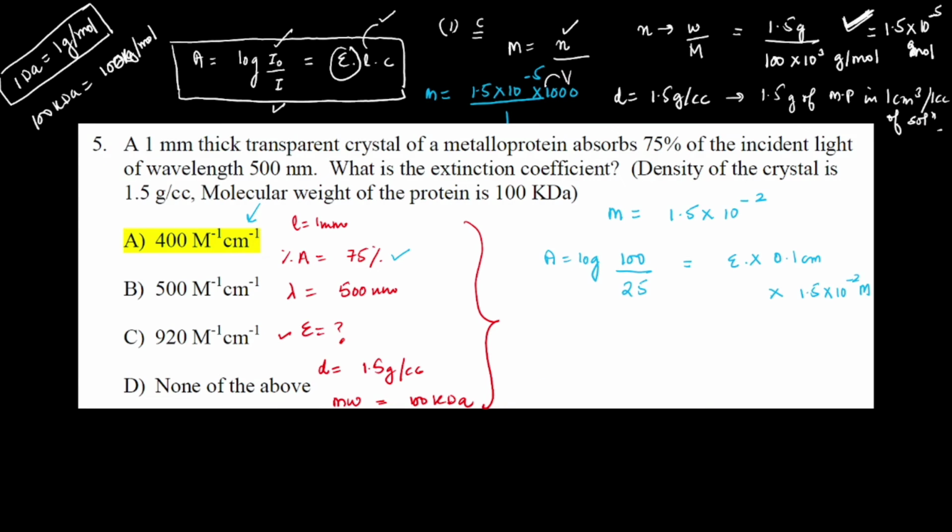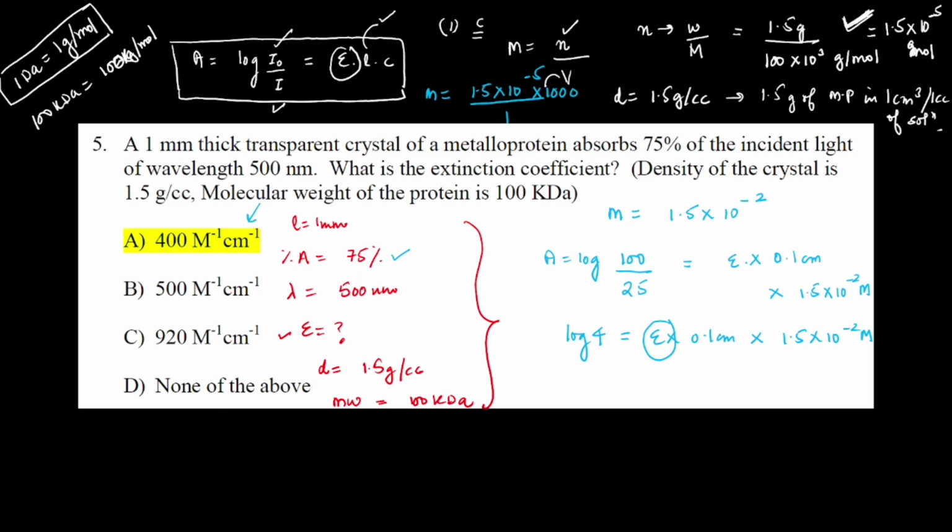Okay, so this would be 4. We can say log 4 is equal to epsilon into 0.1 centimeter into 1.5 into 10 to the power minus 2 molar. Now we just need to figure out the value of epsilon. We have calculators in the examination, so you can quickly substitute the values and solve for the extinction coefficient.